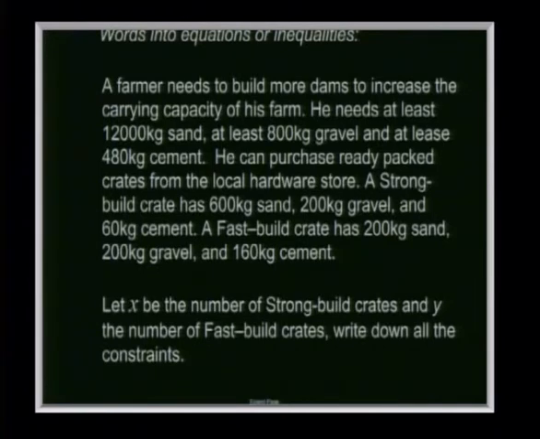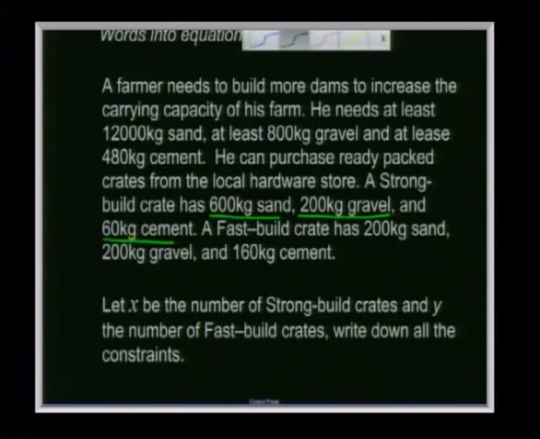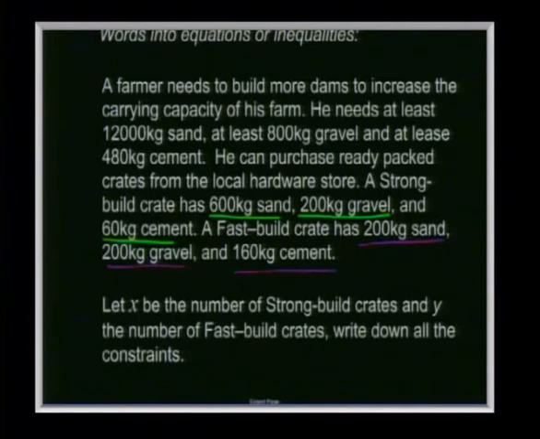His local hardware store has Strongbuild and Fastbuild crates that are pre-packed, and they've got different amounts. Strongbuild has 600 sand, 200 gravel, and 60 cement. Fastbuild, on the other hand, has 200 sand, 200 gravel, and 160 kilos of cement.